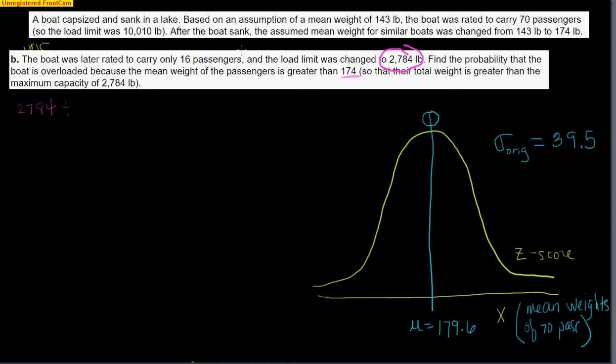If the mean weight exceeded 174, they wouldn't let anybody on the boat. So when they adjusted these numbers, they came up with a new limit of 16 passengers.